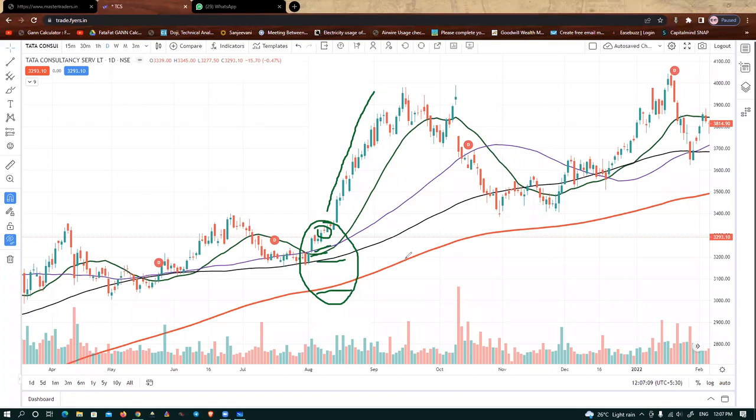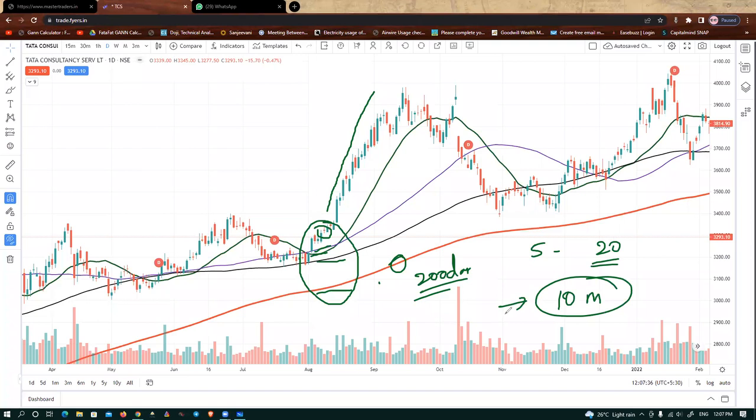If you take from 200 to 20, you are calculating the strength over 200 days. Every week is 5 days, every month is 20 days, so you are calculating the average of 10 months. From 10 months itself, price is higher than the average. It is some kind of information that it is stronger.